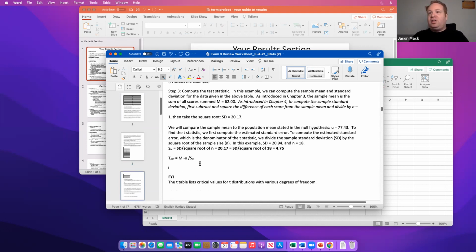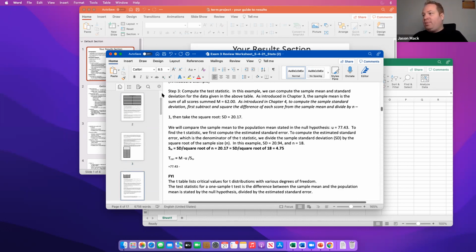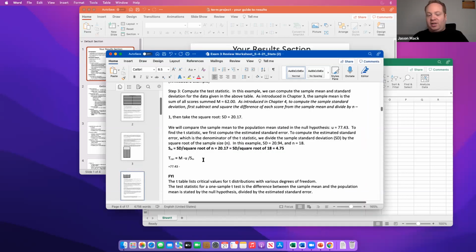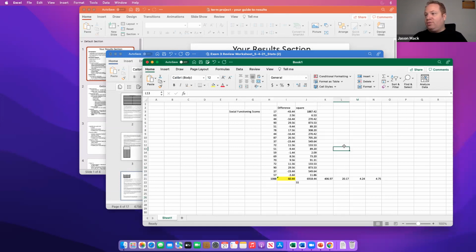So that is going to be equal to 77.43 minus our sample mean, but we have that. Our sample mean is 60.44, so a little different. So we go back to this minus 60.44 divided by our standard error, which is 4.75. So we can do that pretty easily. We just go, let's go 77.43.